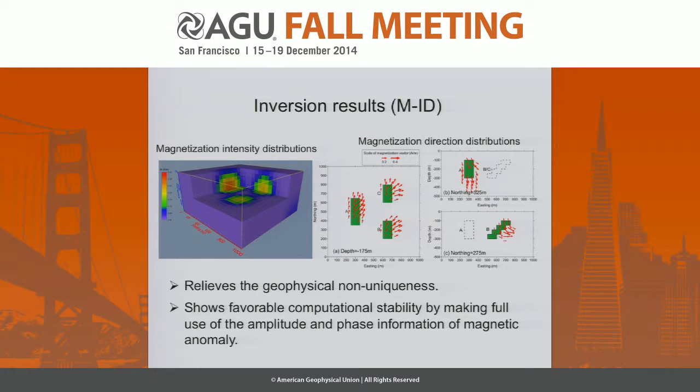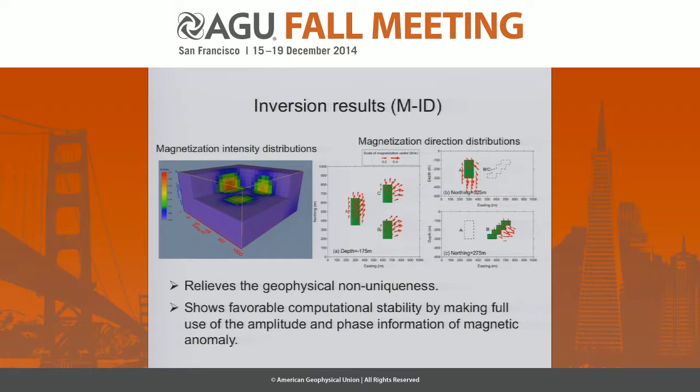Go on. This is the inversion result using the third method, M-ID. M-ID shows two advantages. Firstly, it does not depend very much on the initial model. Besides, it also shows convergence stability, and the recovered magnetic directions don't vary too much compared with the 3M method.